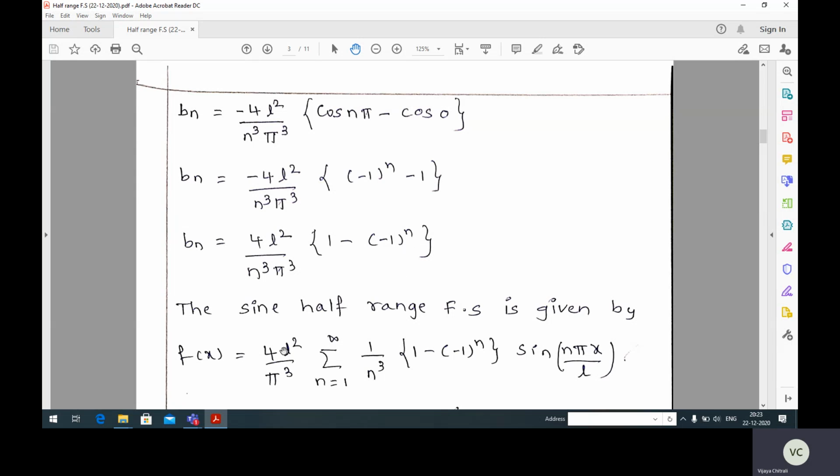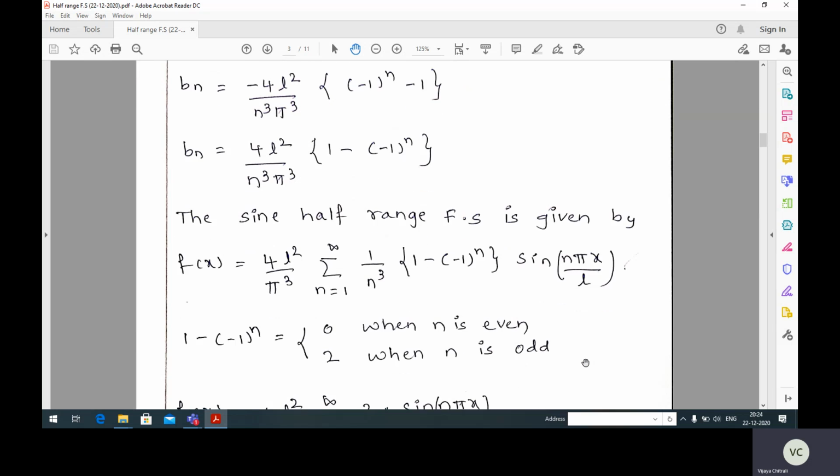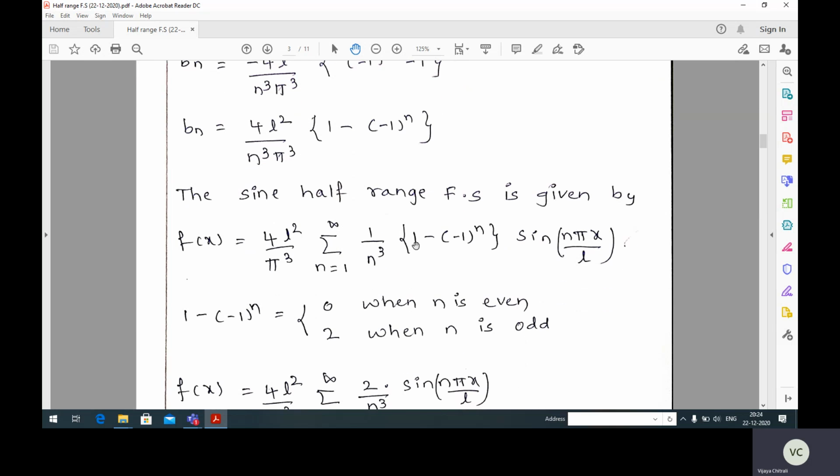Now substitute in the half range sine Fourier series. So f of x is equal to 4L square divided by pi cube into summation n is equal to 1 to infinity, 1 upon n cube, 1 minus (minus 1) raised to n, into sine n pi x by L. But 1 minus (minus 1) raised to n is equal to 0 when n is even and equal to 2 when n is odd.